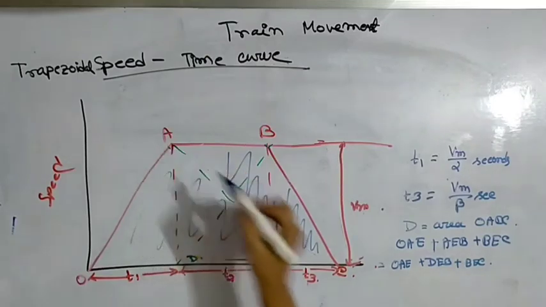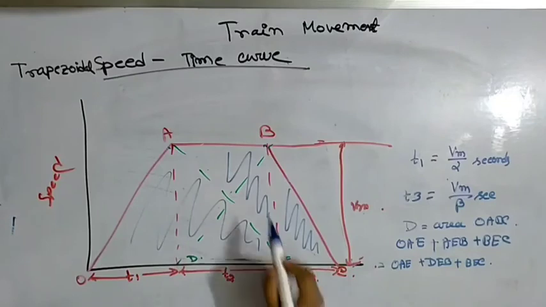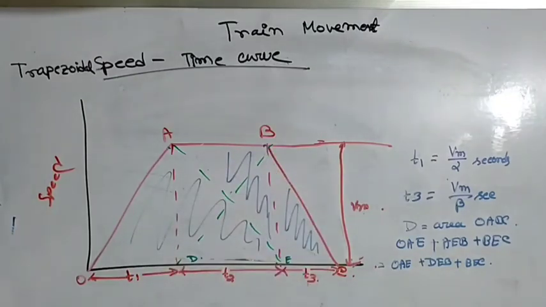Now AEB is equal to DEB by the properties of the trapezoid, and this is equal to OAE plus CBD.